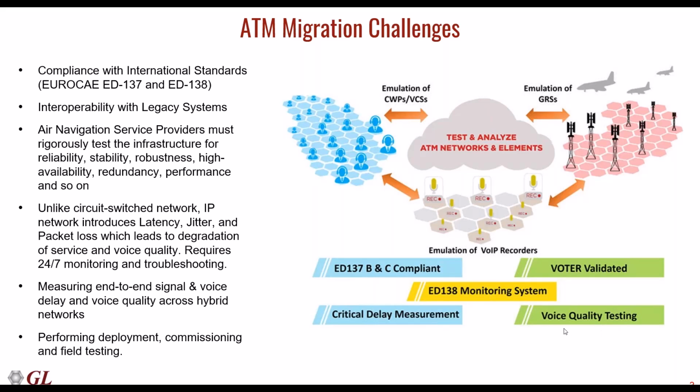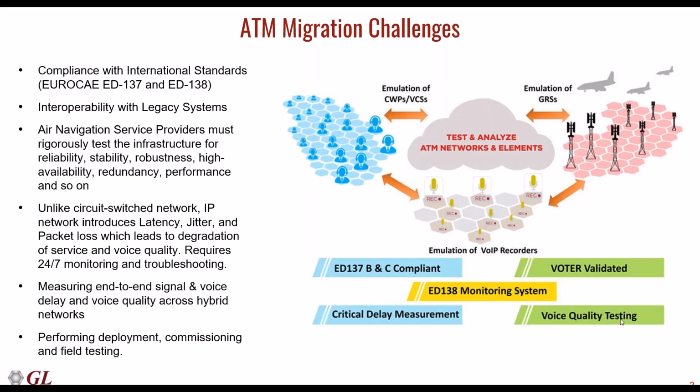So we face a lot of challenges during this transition, and there has to be extensive testing done, since these are mission critical networks where the pilots need to communicate to the air traffic control towers and vice versa.